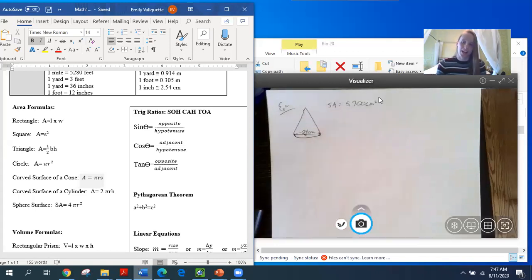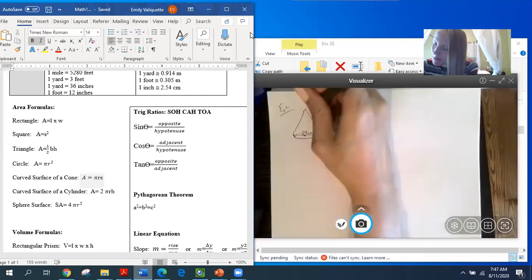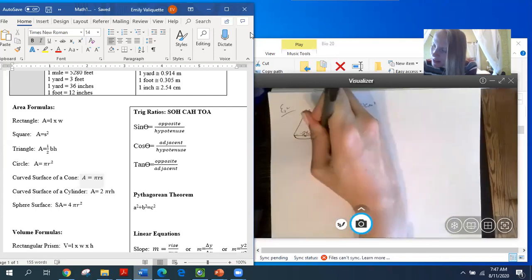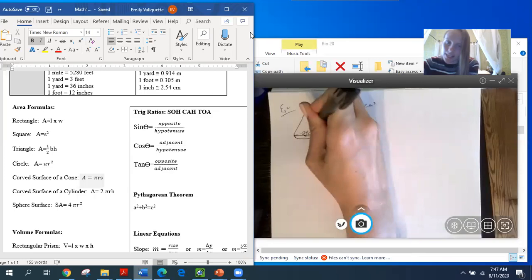So this one, we're actually going to be working backwards. And what I would like you to do is figure out what is the slant height of this cone. So that's what we're going to be looking for, is our slant height.